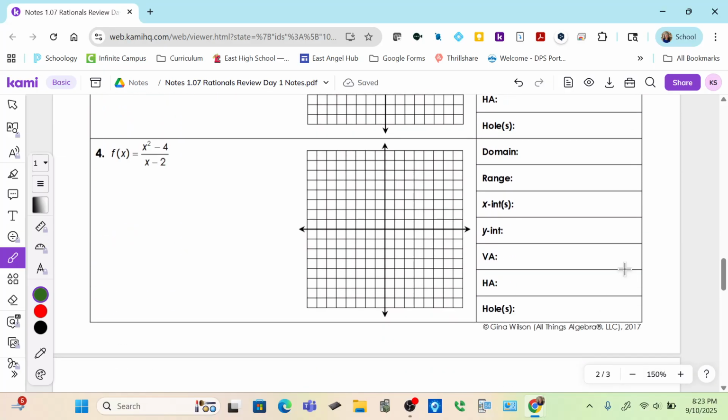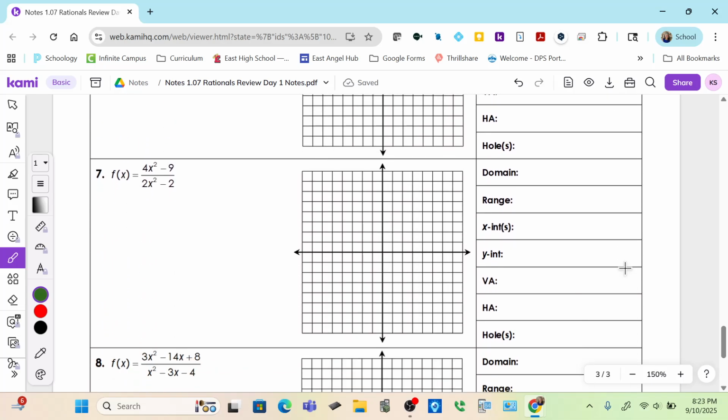So let's take a look at example 7. Example 7 has a lot of pieces to it, so I want to take the time to look at this one. First, I need to factor this in order to find any vertical asymptotes for sure, or my intercepts. However, before I do that, because I notice these have the same degree, let's go ahead and find our horizontal asymptote.